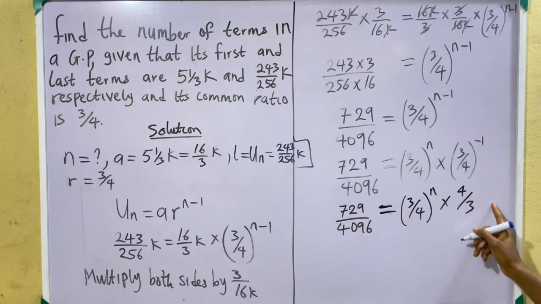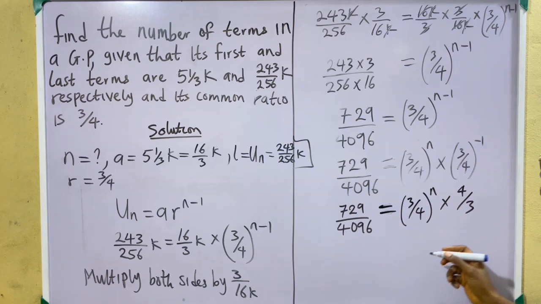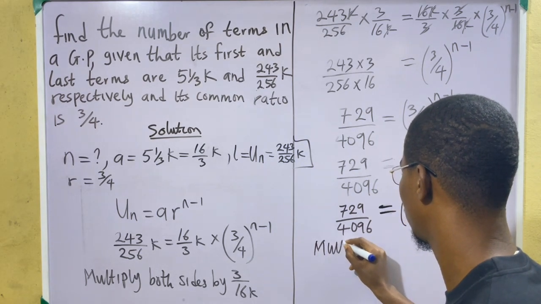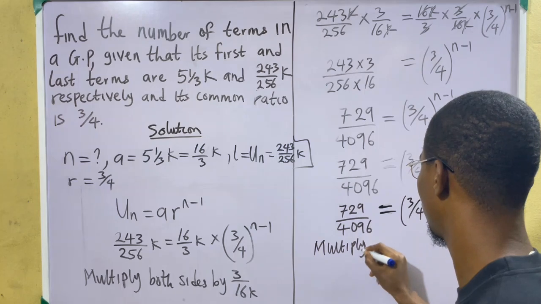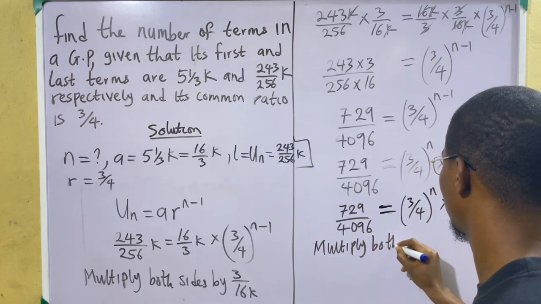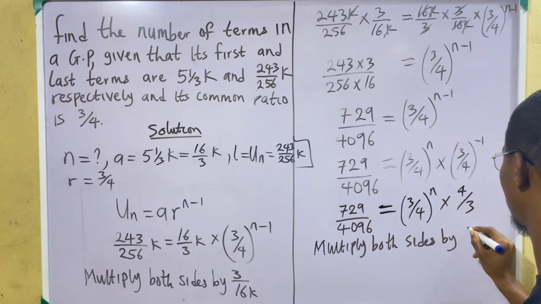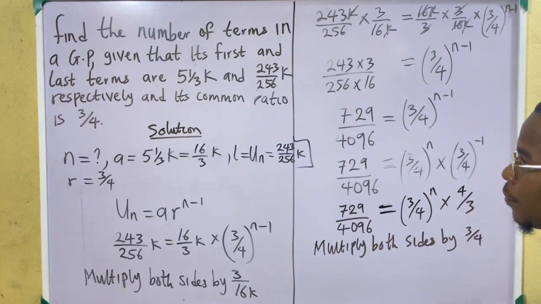Now in order to remove this, we can multiply both sides by 3 over 4.